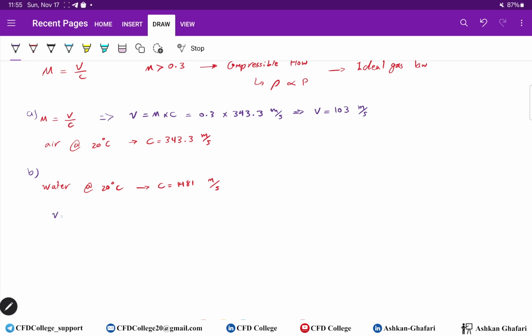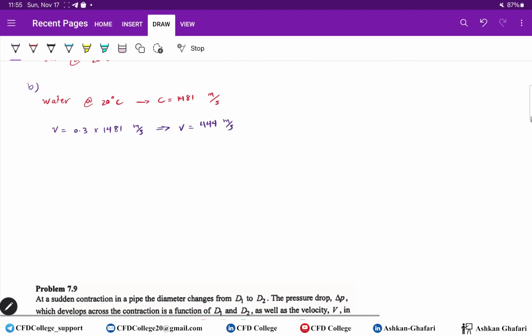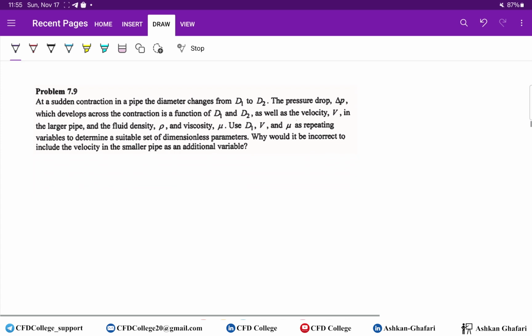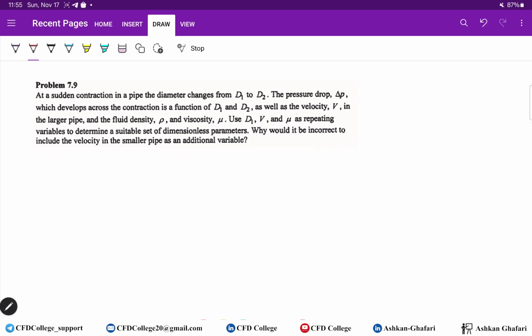So velocity equals 0.3 times 1481 meters per second. Therefore, velocity equals 444 meters per second. This was also super easy. Now we have a good problem. This is the type that you might see in the exams.